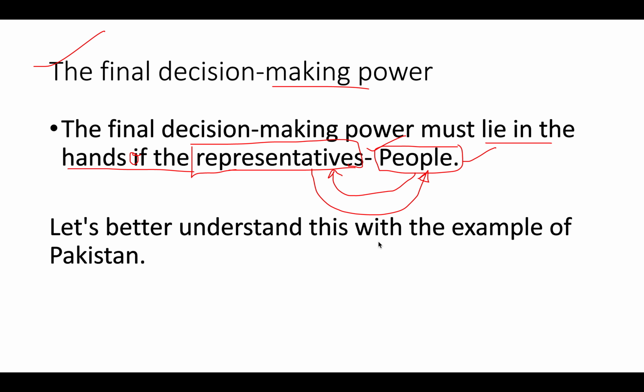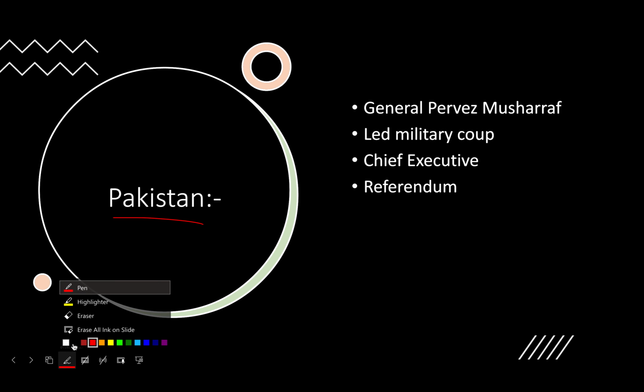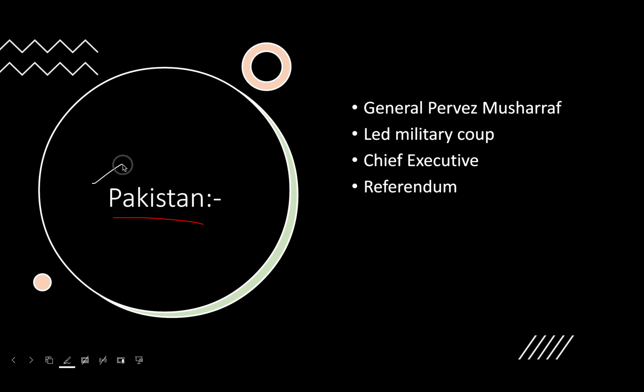Now let's better understand this with the help of an example. This pointer which I have explained, that the decision making power must lie with the people, could be better understood with the help of a very famous country, our neighboring country Pakistan. So let's study about Pakistan. Yes, Pakistan.